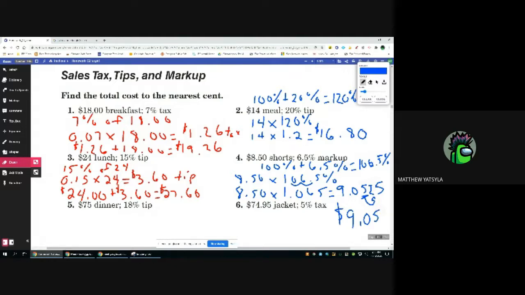All right. So again, you have these two options. So I can either find the tax separately on this side. This would be the tax as a separate.